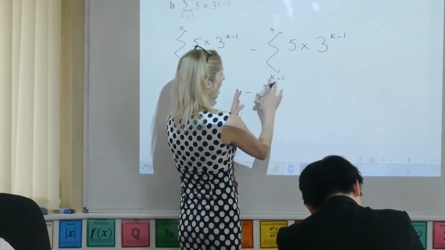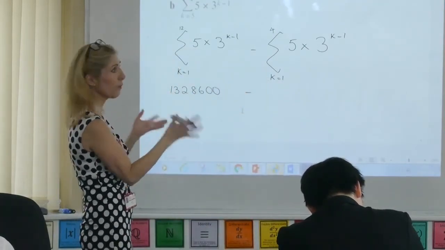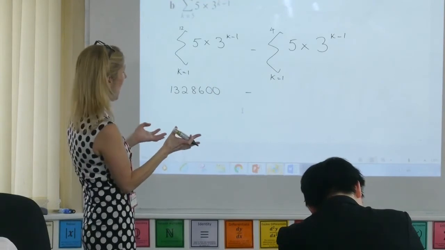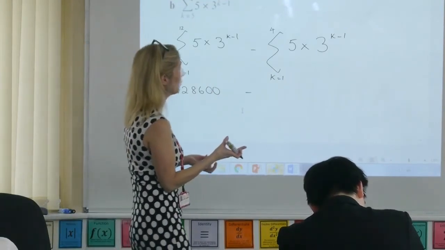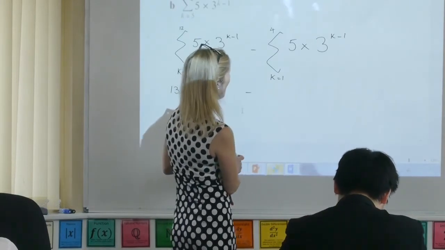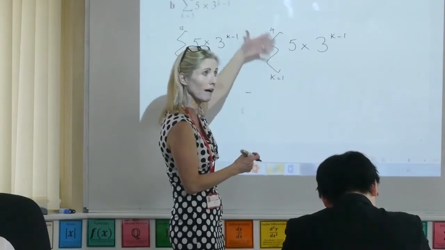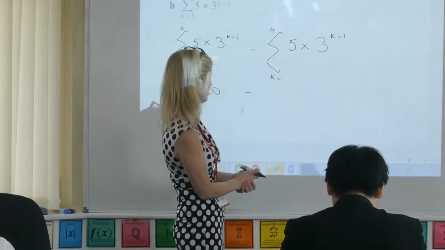Right, now I don't particularly need to write that one out because I've got all the information, other than perhaps how many terms are involved, but I can easily establish that from the actual summation value.